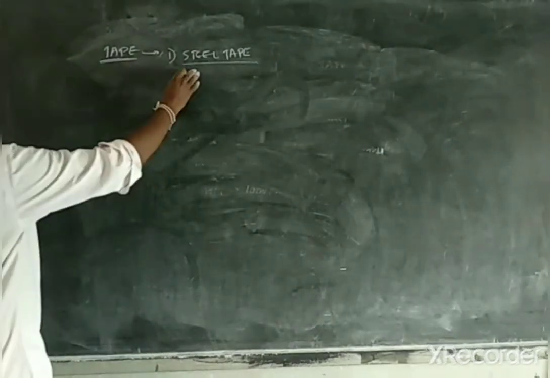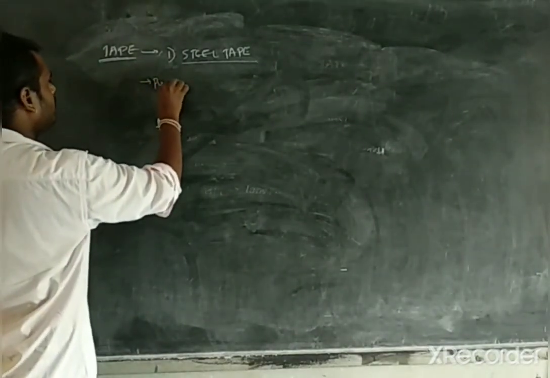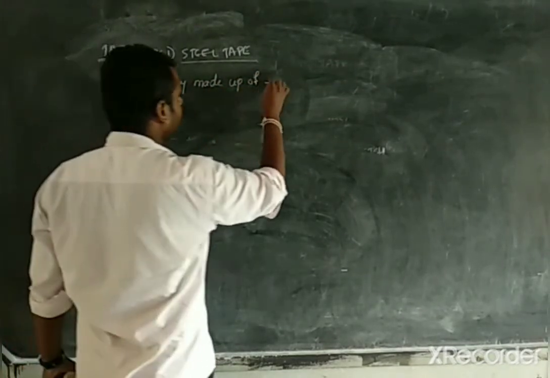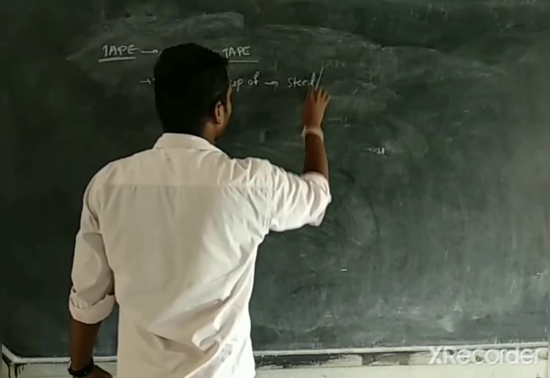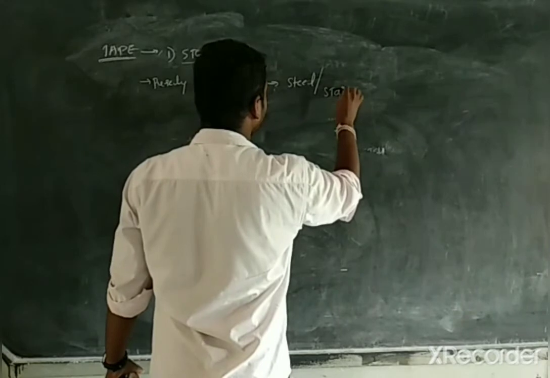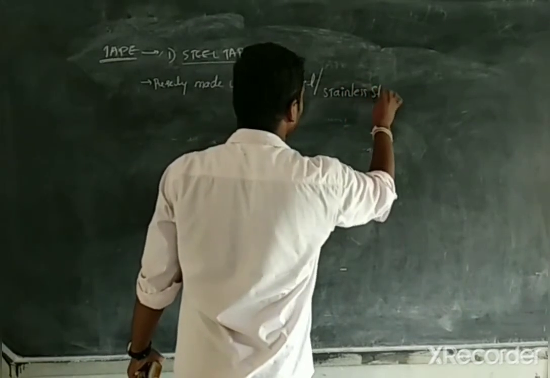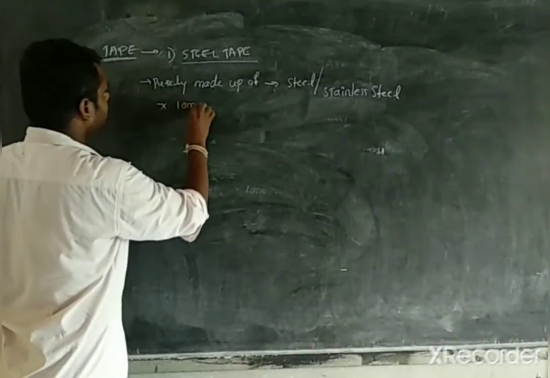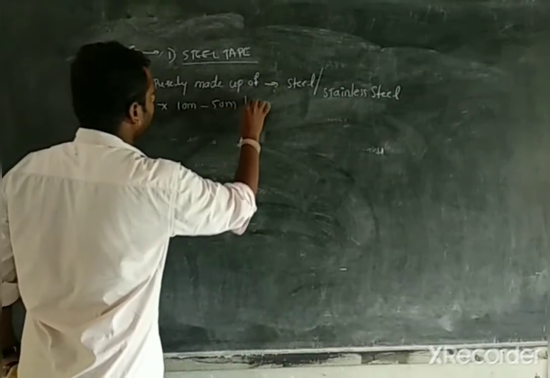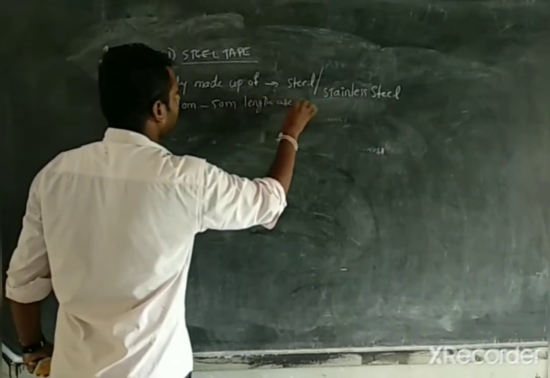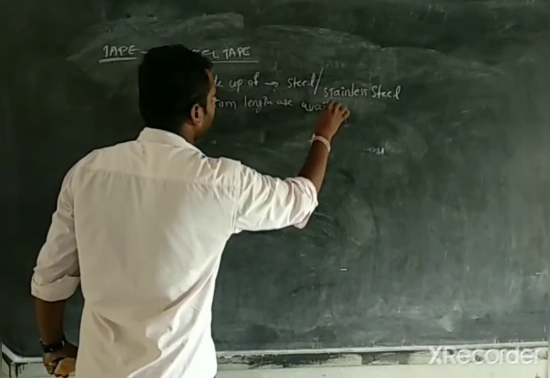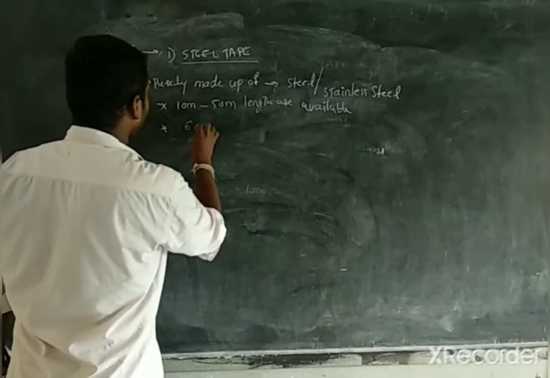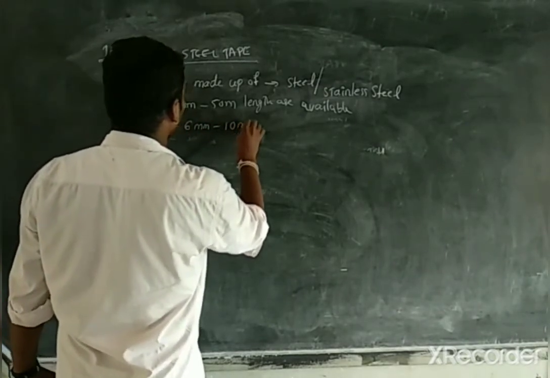Steel tapes are purely made up of steel, or you can also call it stainless steel, and are available in the market in lengths of 10 meter to 50 meter. The width varies from 6 mm to 10 mm.